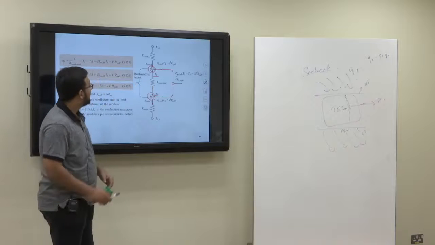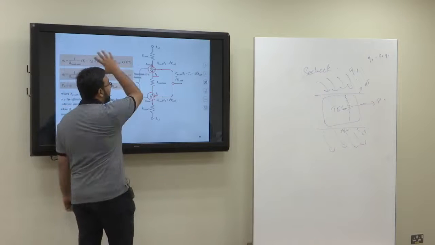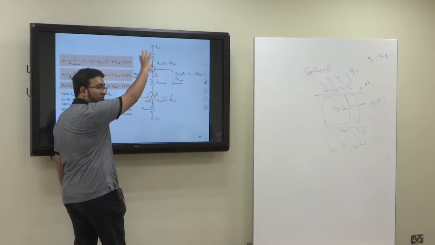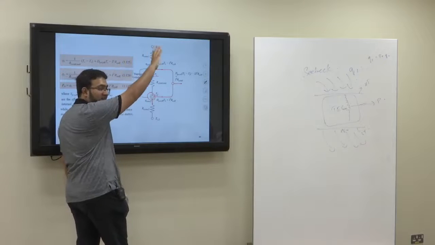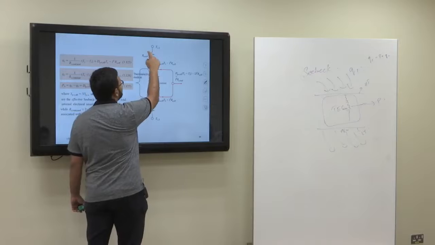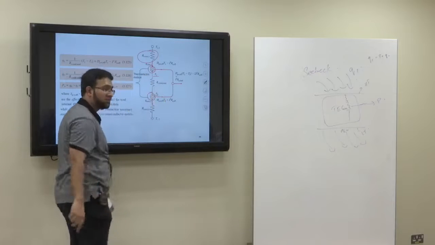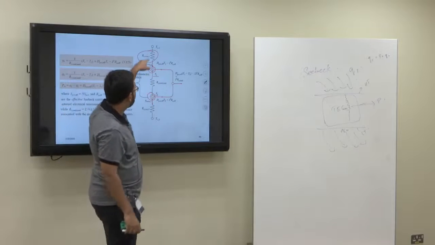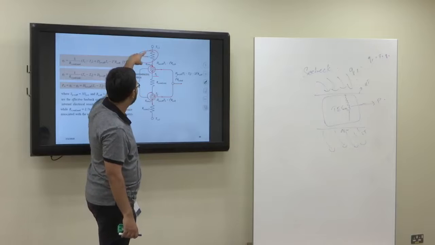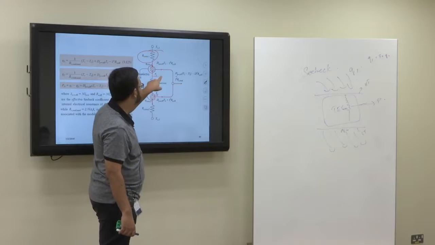You have air or any gas, very hot, passing on the hot side, so you will have convective resistance for that, from T1 infinity to T1.